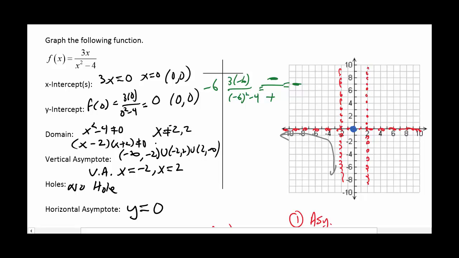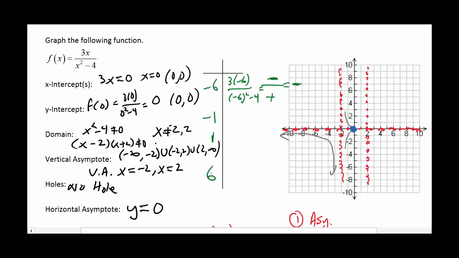I'll sketch this in. I don't know if it's going to come from the top part or the bottom part in that middle piece. But if I pick something like negative 1, I can see that, and I'm going to do it for positive 1 as well, because I've got the same problem on the other side. And then let's do 6 as well, so we can see positives and negatives.